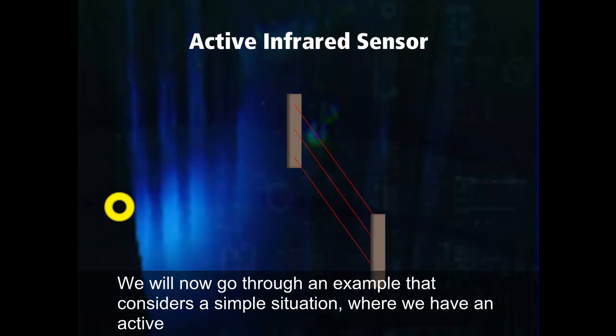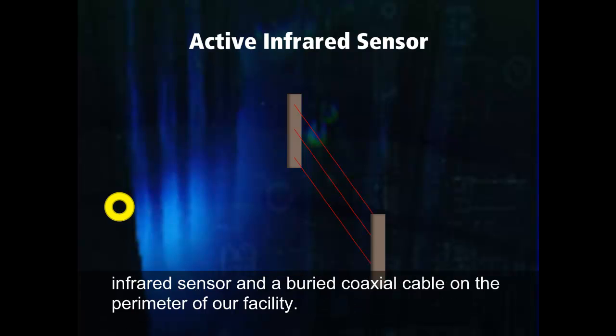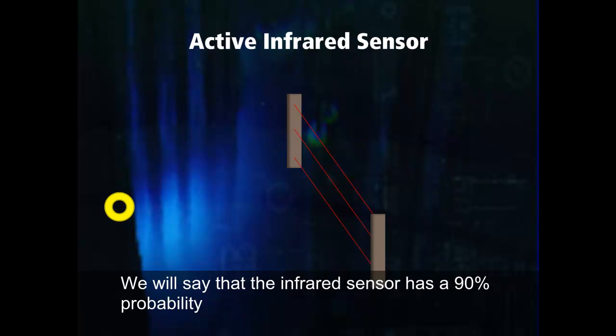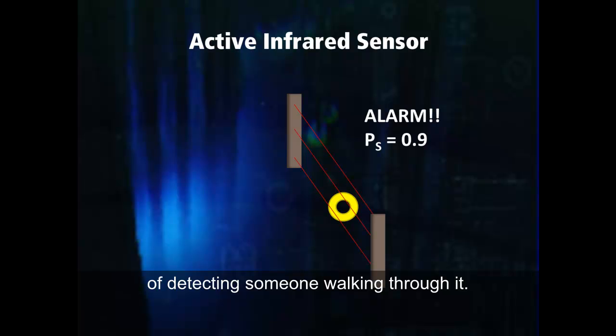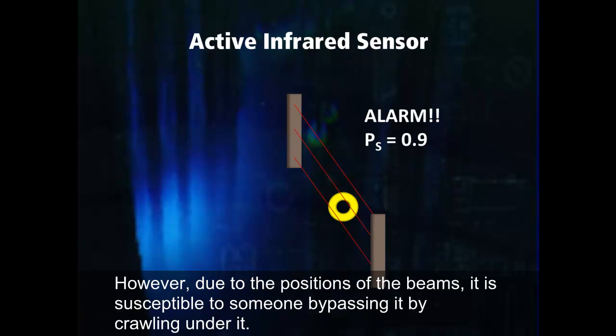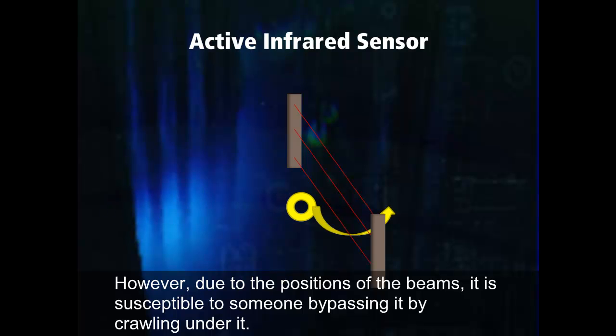We will now go through an example that considers a simple situation where we have an active infrared sensor and a buried coaxial cable on the perimeter of our facility. We will say that the infrared sensor has a 90% probability of detecting someone walking through it. However, due to the positions of the beams, it is susceptible to someone bypassing it by crawling under it.